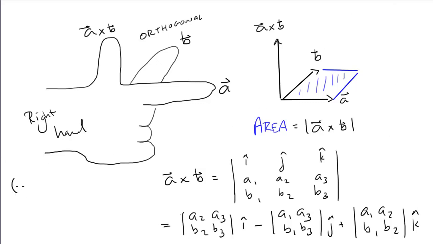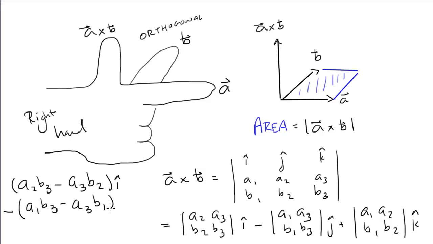The 2 by 2s, you add going down and subtract going up. Main diagonal, positive. Minor diagonal, negative. There's your cross product vector.